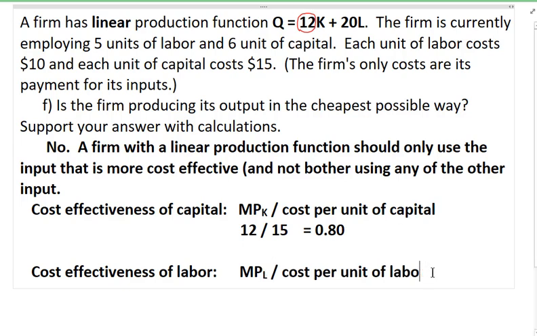So the marginal product of labor, on a linear production function, you can just read it off the production function. It's this 20. Cost per unit of labor says right here 10. Higher is better, right?